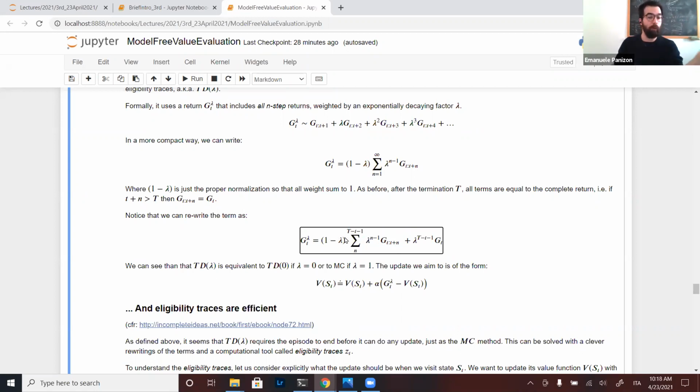If lambda equals 1, the whole first part dies because 1 minus lambda goes to 0, and in this term only G_t remains, which is the complete return. So lambda is a parameter which allows us to go from 0, which is one-step temporal difference, to 1, which is complete Monte Carlo. So why do we want something like that?